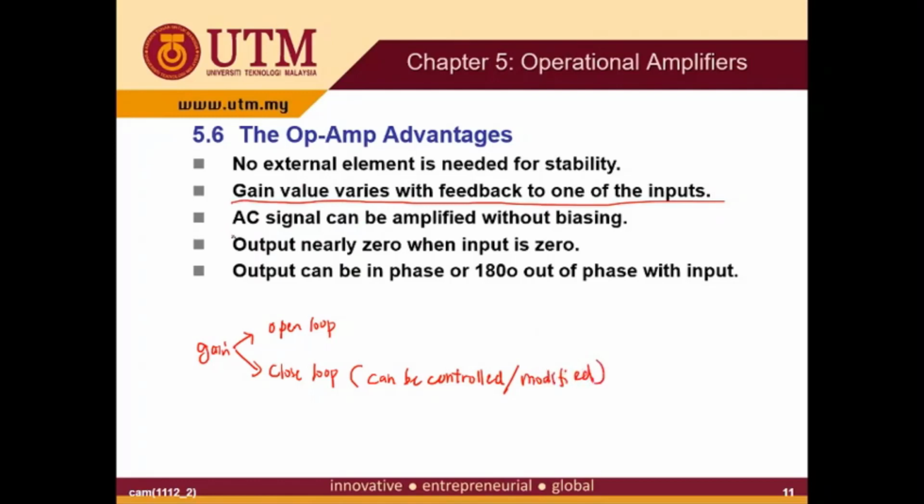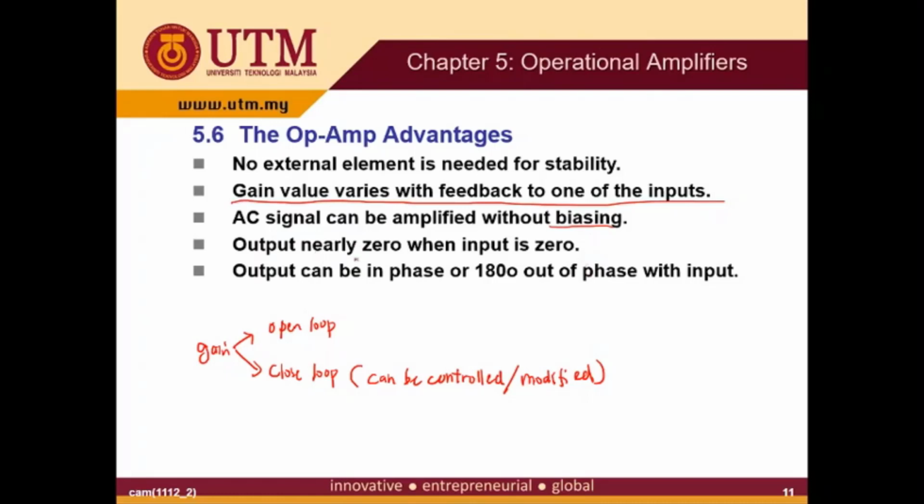Okay, and then AC signal can be amplified without biasing. The amplifier already has ports for plus VCC and minus VCC, so there is no need to design a biasing circuit for the device.